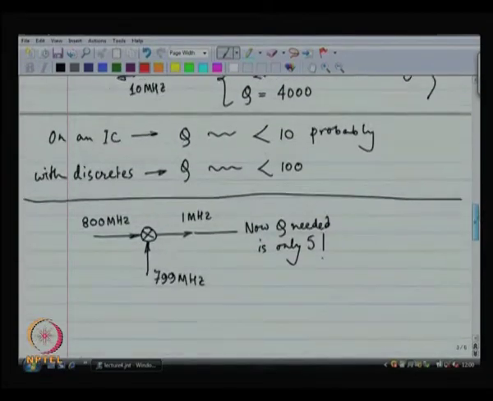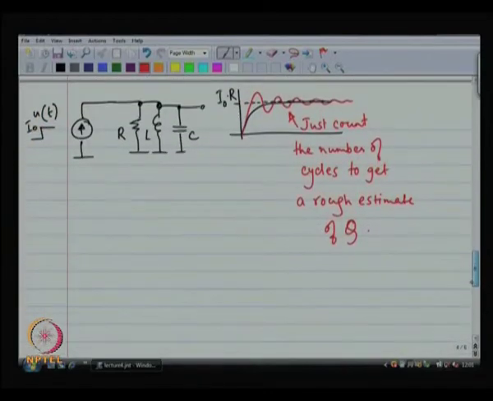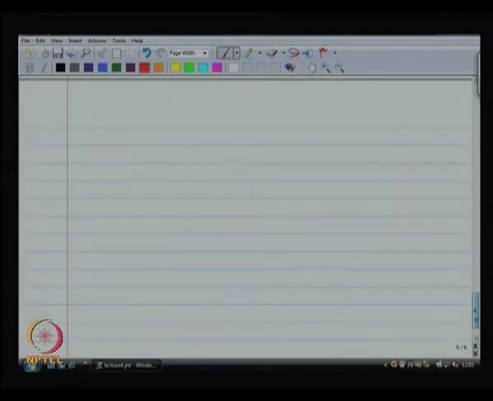So, you can look at the frequency response and estimate Q. You can look at the time domain response and estimate Q of the network without any great difficulty. This holds both for series RLC networks, parallel RLC networks, anything. I have shown it only in case of the parallel RLC network. In fact, I have not done any proofs whatsoever, but you can do it for any configuration.